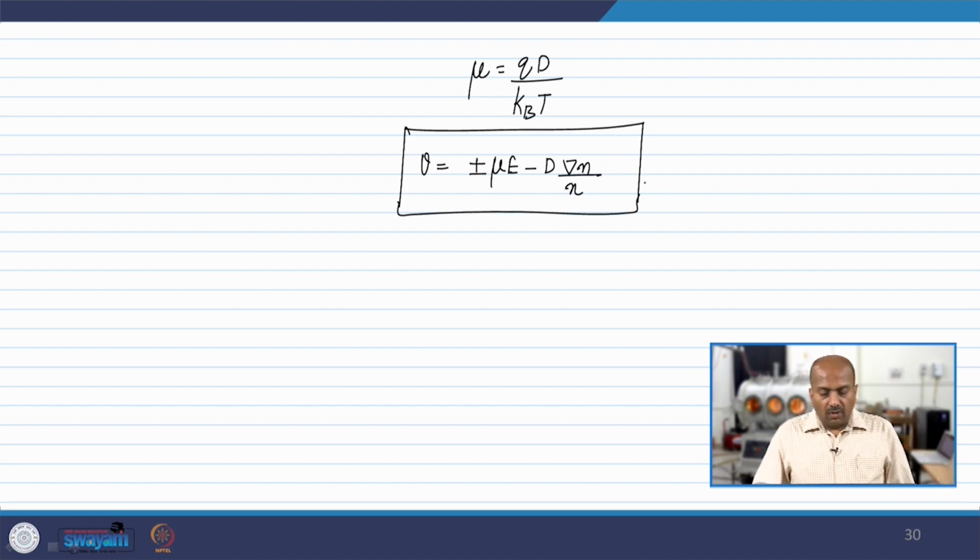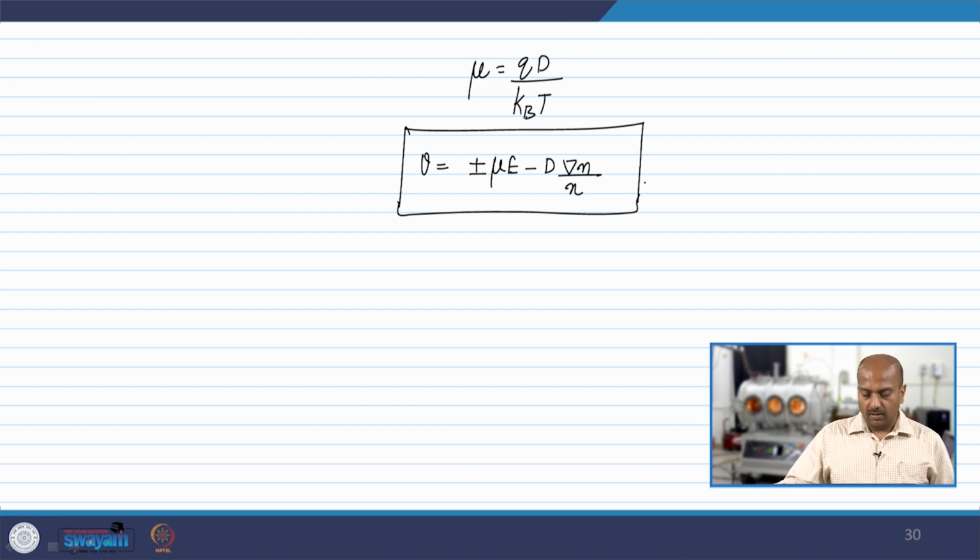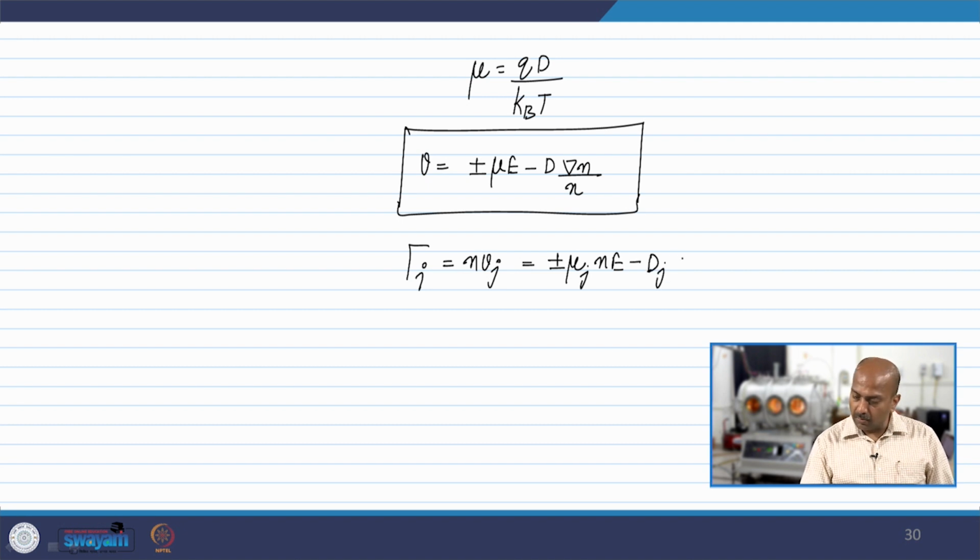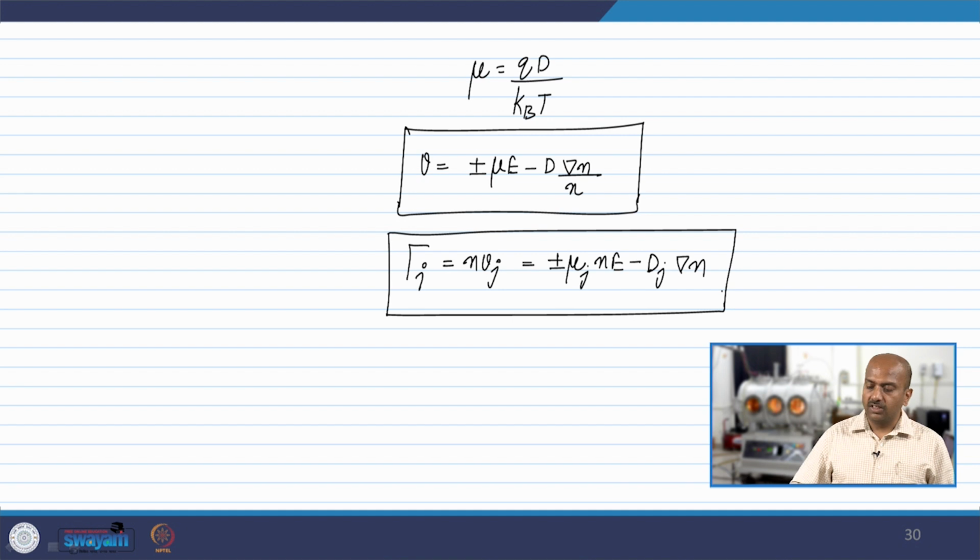Okay. So, now when you consider a particular species, the flux with which the species is diffusing, we write it as Γj = n Vj, which is now going to be written as ±μj nE minus the diffusion coefficient of the jth species multiplied by ∇n. This is the flux of the jth species.